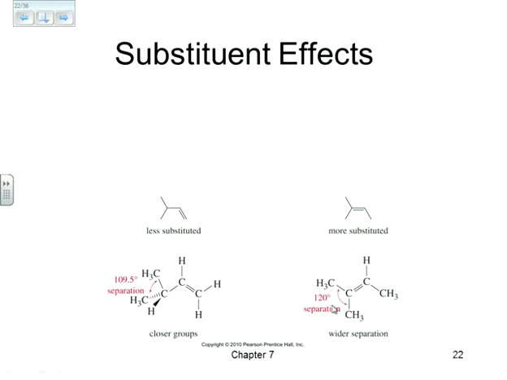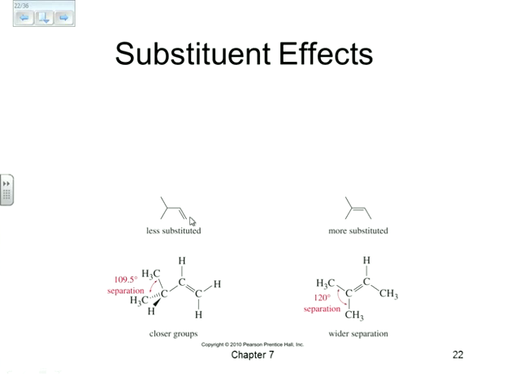So which one is a larger angle? The 120. So now the methyls, since they're coming off a double bond, are separated by 120 degrees. And over here, when they're coming off a single bond, the methyls are only separated by 109.5. Being separated by 120 is a little bit more favorable because they have electron densities around them, so they want to be further apart. So basically, the more carbons that we can separate by 120 degrees, the better.